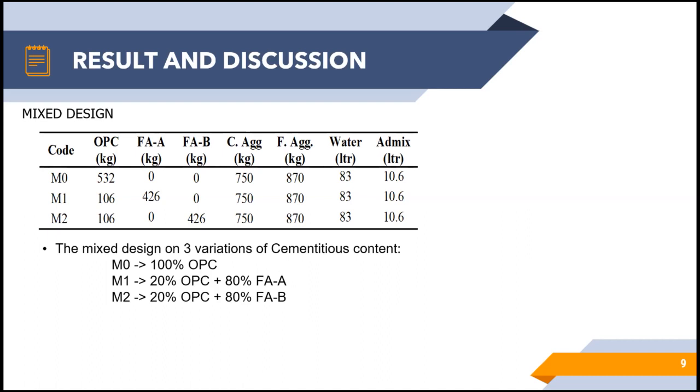M1 uses 20% cement content or OPC, ordinary Portland cement, and 80% fly ash type A. And the variation of M2 uses 20% cement plus 80% fly ash type B. So we can see the design in the table.